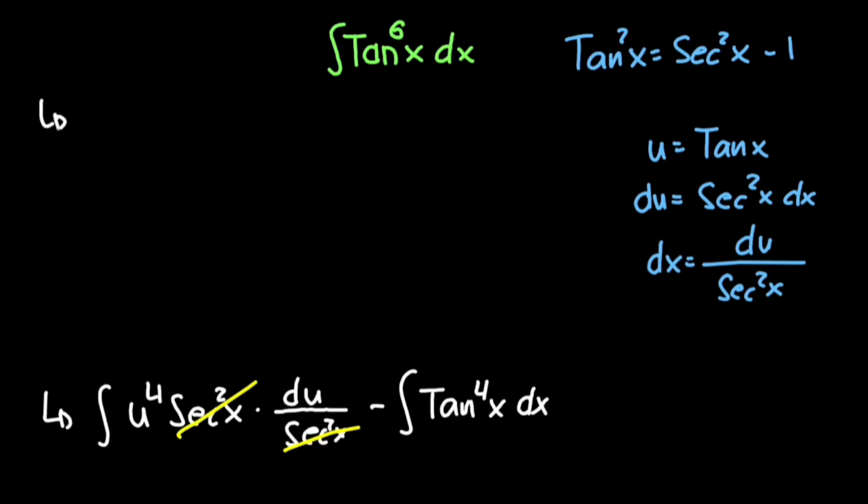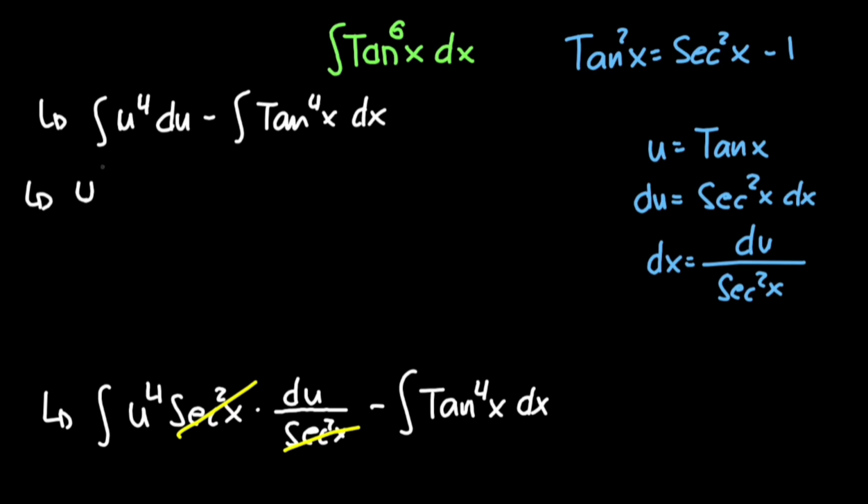So you are left with the integral of u to the power of 4 du minus the integral of tangent to the power of 4 of x. The integral of u to the power of 4 would be u to the power of 5 over 5.